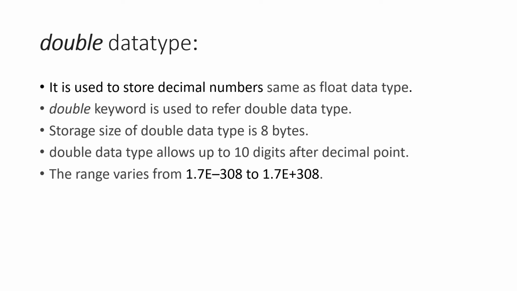Double data type. What is double data type? It is used to store decimal numbers, same as float data type. The double keyword is used to refer to double data type.